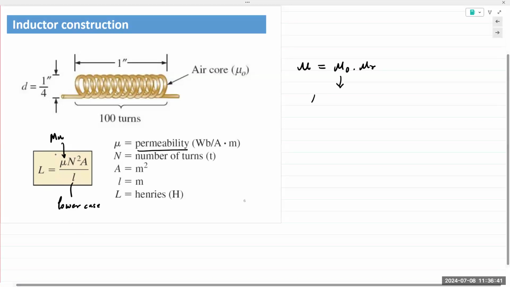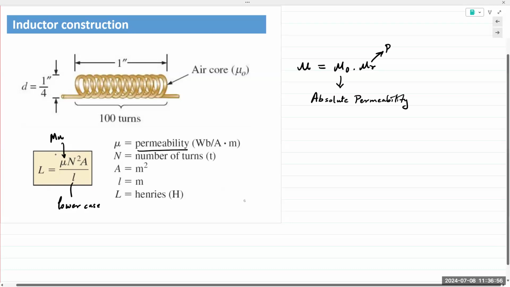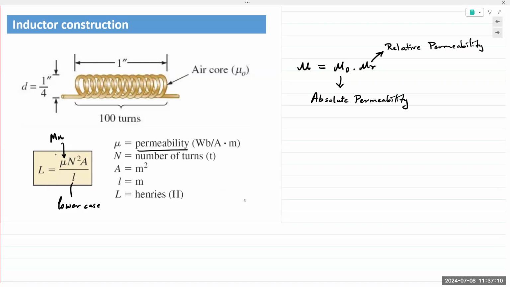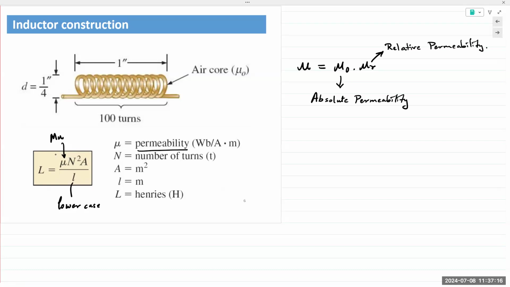Mu 0 is the absolute permeability, whereas mu r is the relative permeability of the core material. All of the values would be given. So if I asked this in a quiz or an exam, I would give you the values for mu 0 and mu r and everything else.